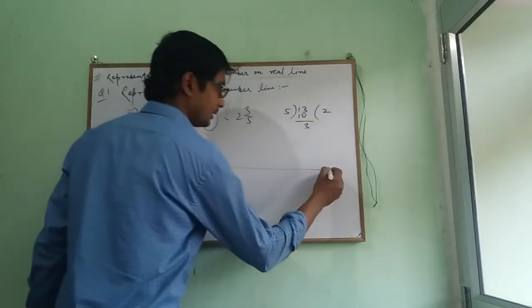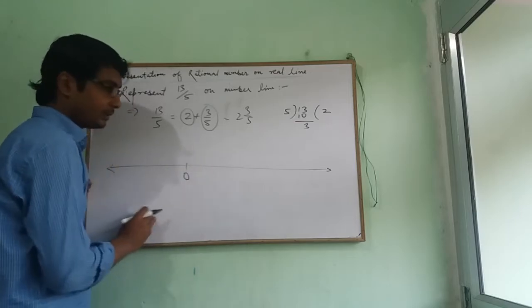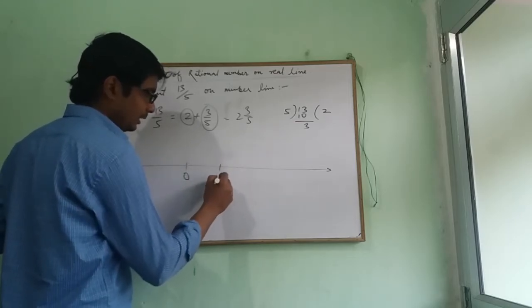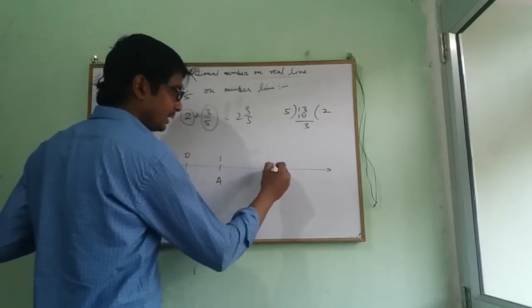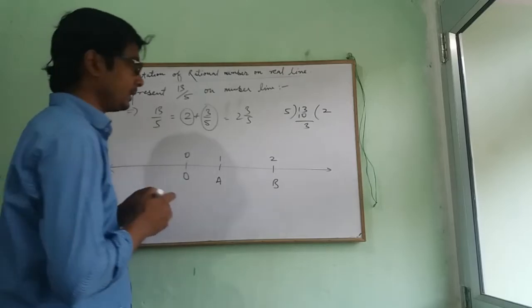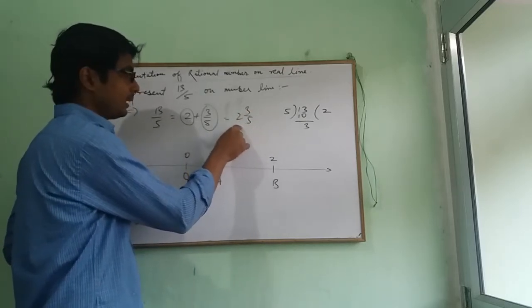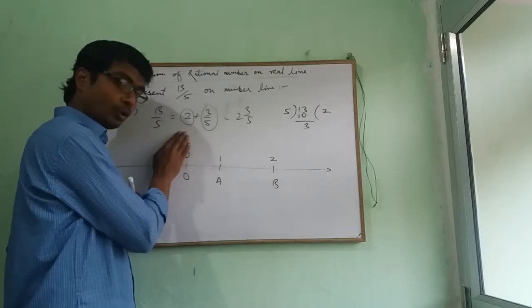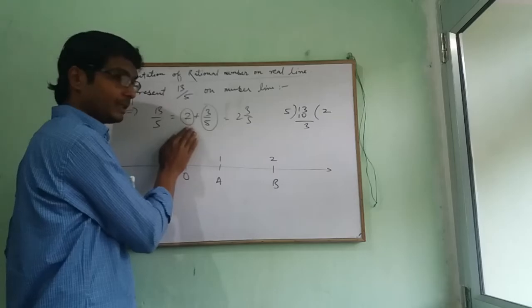So I will draw first the number line. Let's say 0 is this, A is 1 and B is 2. Now, as you can see here, 2 whole 3 by 5 means that 2 is the whole number and 3 by 5 is the fraction part.